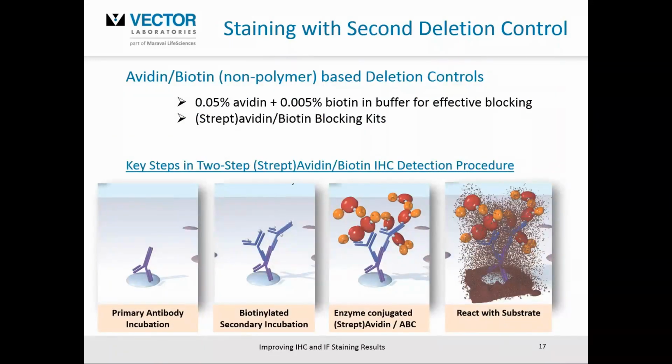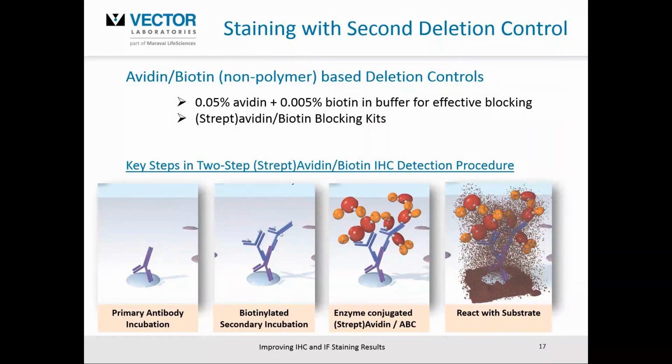Just very quickly, for investigators that might be using, say, a two-step methodology, whether that be a two-step enzyme-based polymer methodology or indeed an avidin-biotin-based methodology, you will have to slot in an extra deletion control just to make sure that that other component, that second step, is not contributing to background in your procedure.